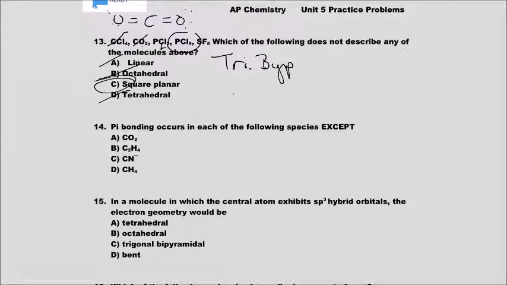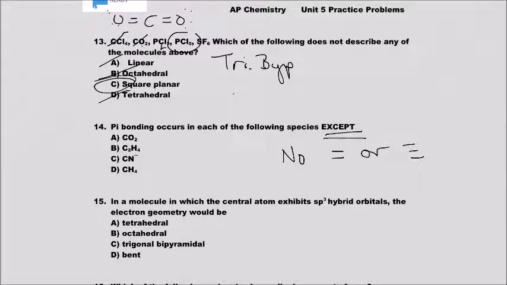14. Pi bonding occurs in each of the following except. So we're looking for an exception to pi bonding, meaning if there's no pi bonding, we cannot have a double bond or a triple bond. That's the only cases. So we're looking for, in other words, all single bonds.